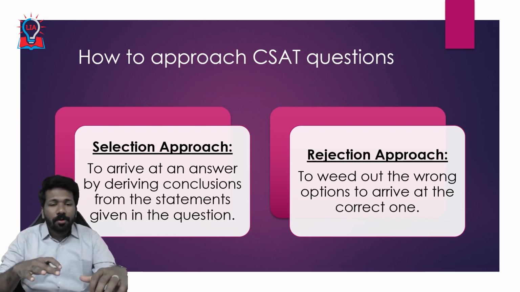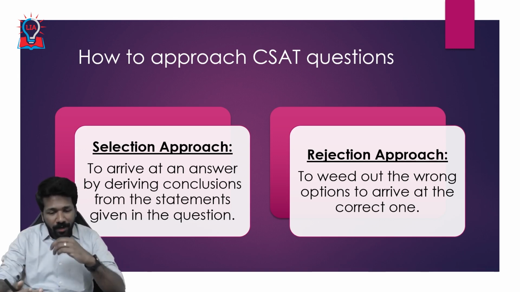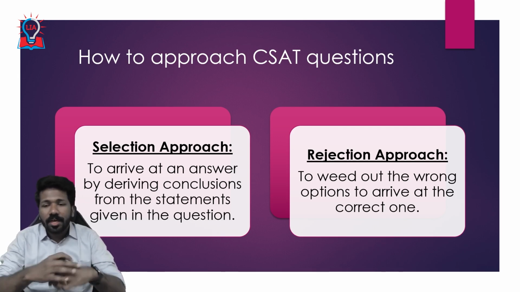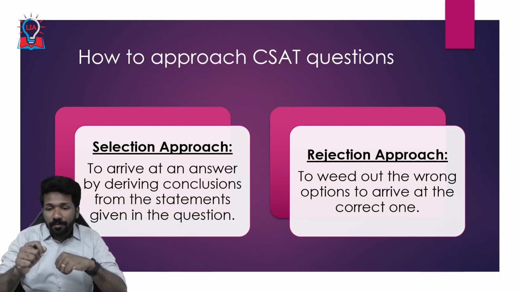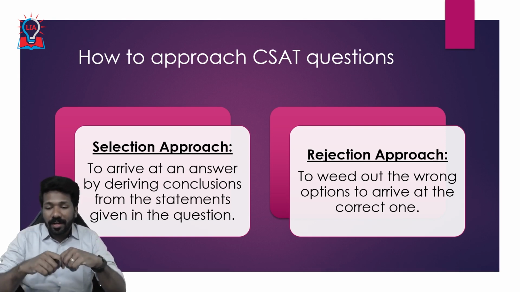In the selection approach, the options are not very important. You are solving the question fully and then only looking at the answer and choosing the correct answer. But in the rejection approach, we are using the options better. Rejection approach is weeding out the wrong options to arrive at the correct option.